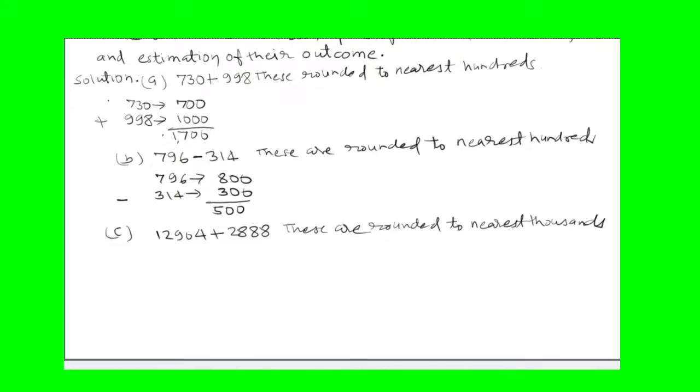So 12,904 becomes 13,000 plus 2888 becomes 3000. So on adding we get 16,000.